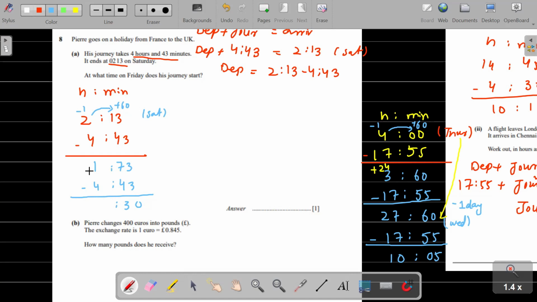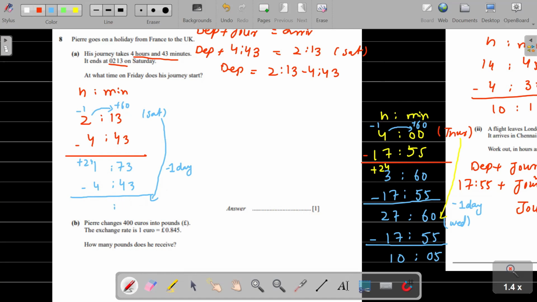But here, I cannot subtract 4 from 1. You know that whenever we are going to do this, we need to borrow a day. I'm going to borrow 24 hours and I will be subtracting 1 day from it. I'm going to subtract 1 day. So let's rewrite the equation then. Because whenever we are going to add things in hours or minutes, we need to rewrite.